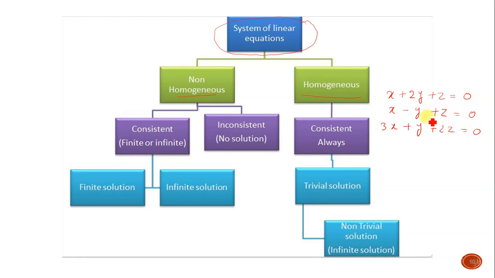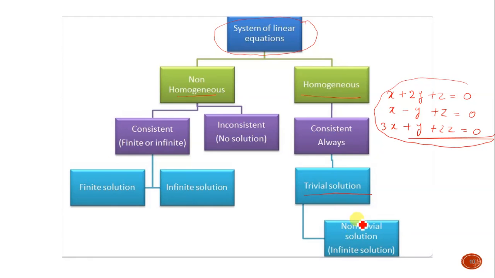So there is always a solution. When we put x equal to 0, y equal to 0 and z equal to 0, it satisfies this homogeneous system of linear equations. So we always have the solution x equal to 0, y equal to 0 and z equal to 0. This is called the trivial solution.